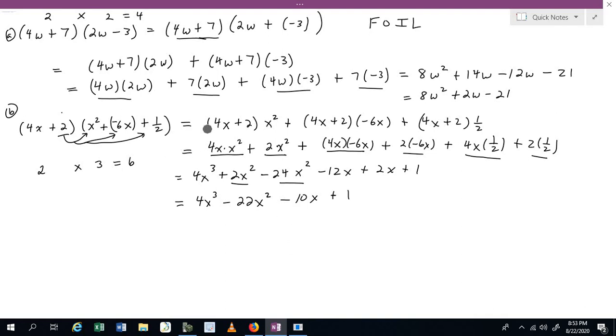Okay, so you could just do it that way, but I want you to be aware of the fact that this is coming from distributing this 4x plus 2 to all 3 terms. That's really kind of the first step. And that results in 6 different terms down here, which you can think of as coming from multiplying this individual term by all 3 of these, and then this individual term by all 3 of these again.